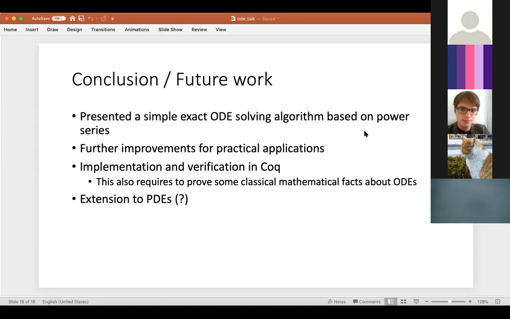So instead, to get higher precision, we can make the step size smaller and keep the number of coefficients constant, which asymptotically will be exponential time, but still for not so high precisions, this sometimes works better than increasing the number of power series coefficients. Okay.